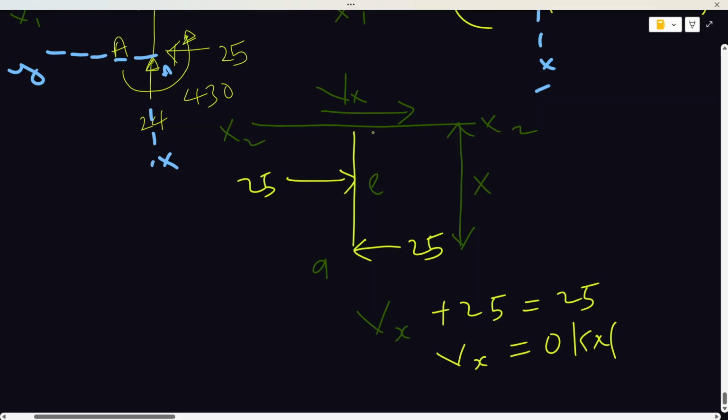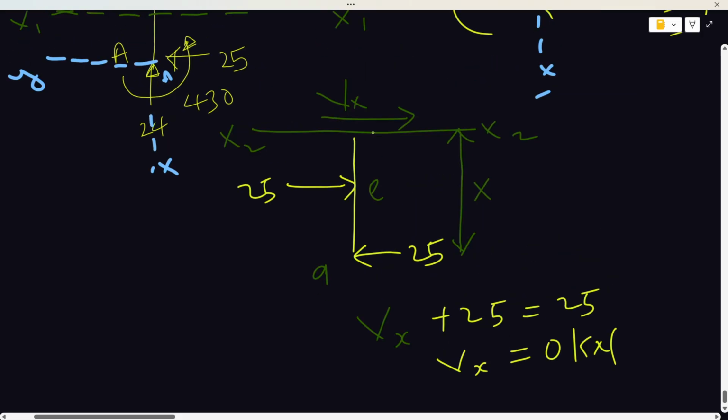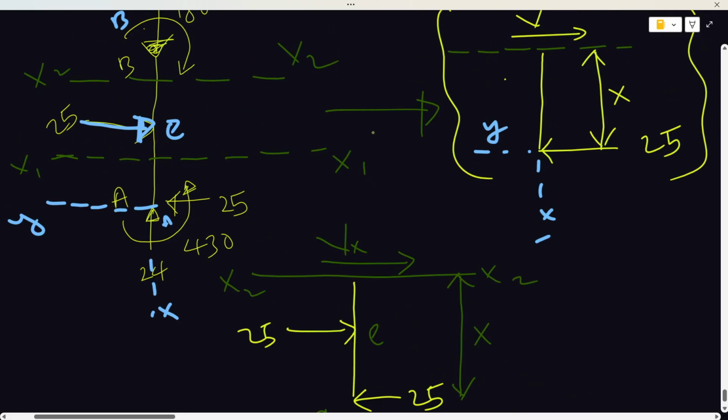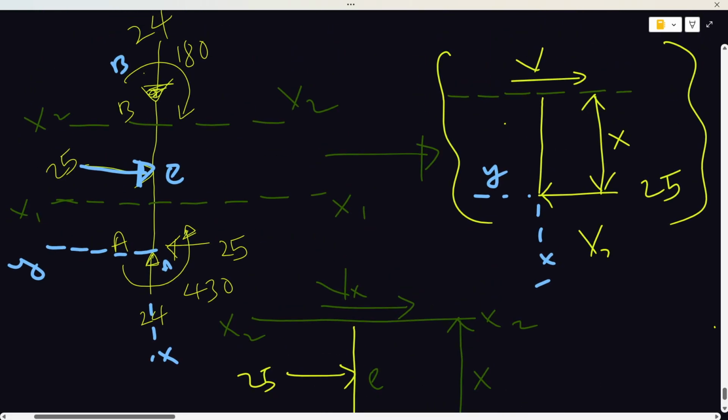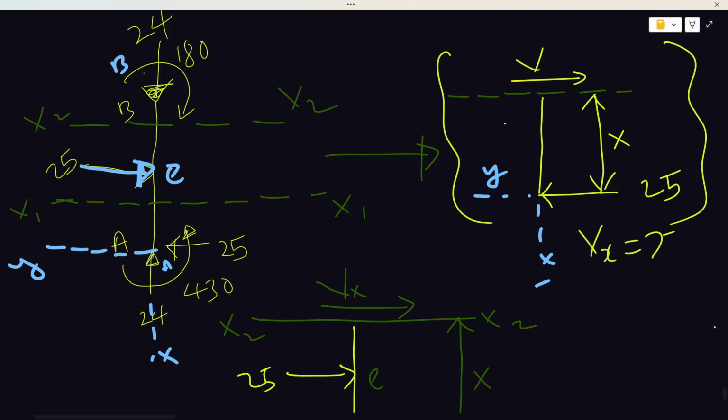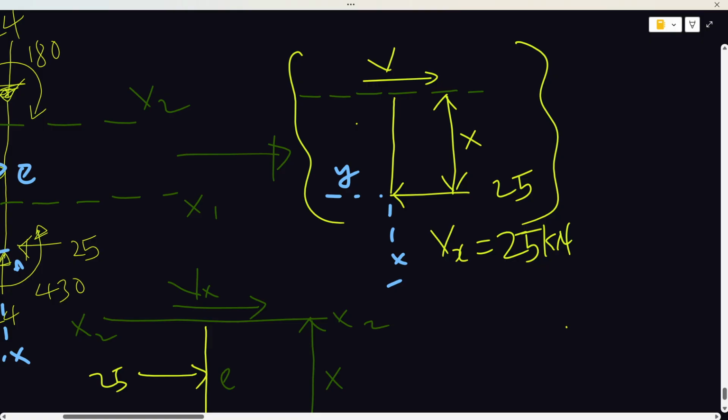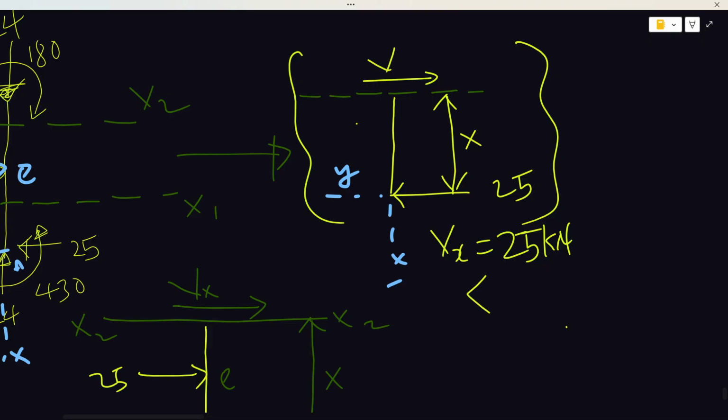That is just what it is saying, basically. For this now, we got Vx to be 25 kilonewtons. You'll notice that this 25 kilonewtons is satisfied as long as it doesn't reach E, in the sense that it will go from 0 to less than 10.